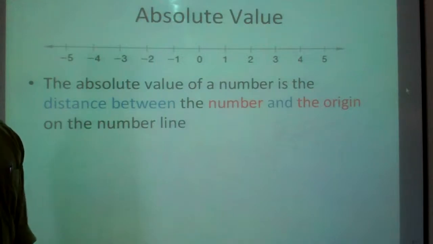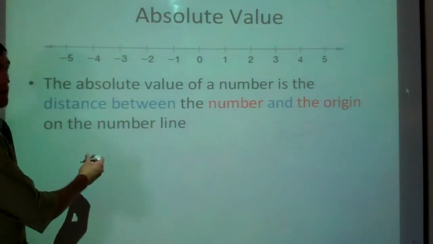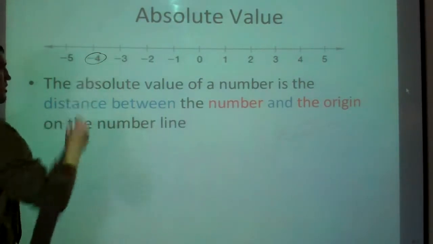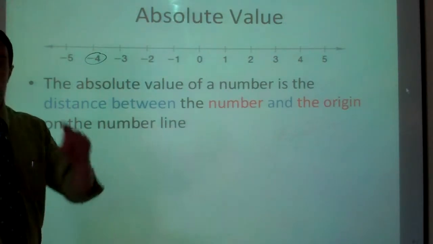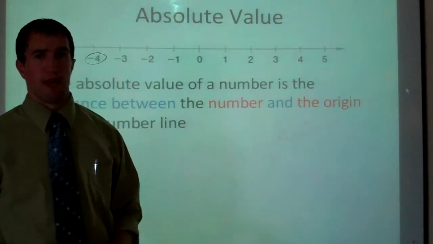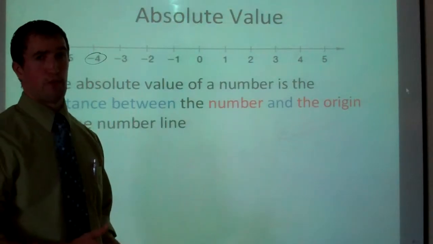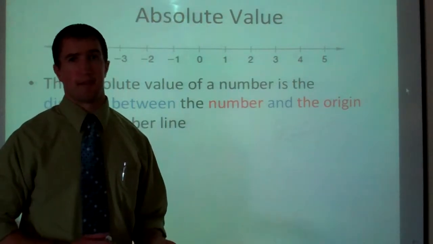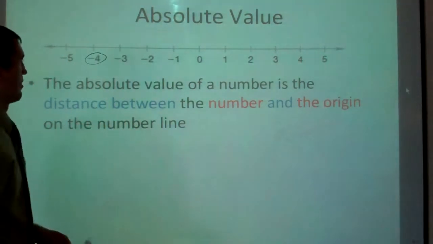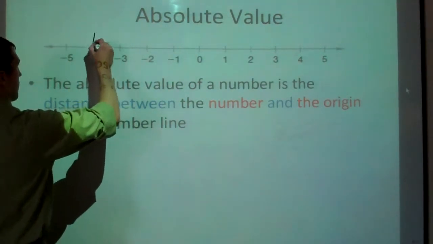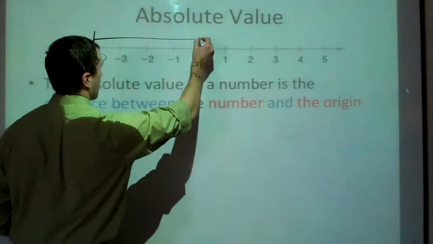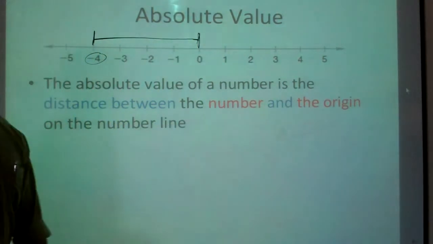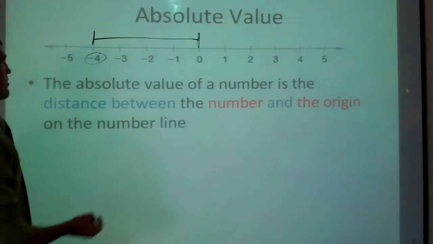And the first question I asked was, how far away is -4 from 0? Now it's important to remember that -4 is not -4 units away from 0. You cannot have a negative distance. That's not possible. So instead, we can see that from here to 0, that is 4 units.